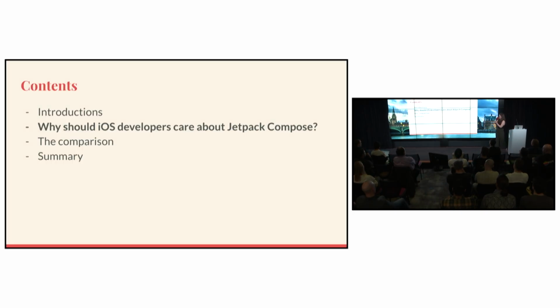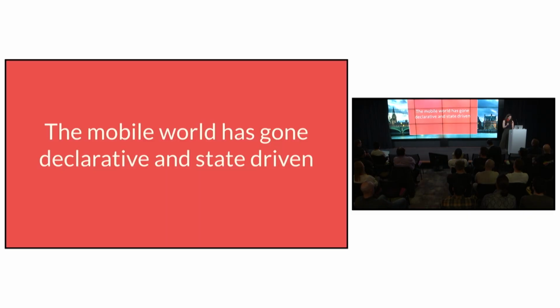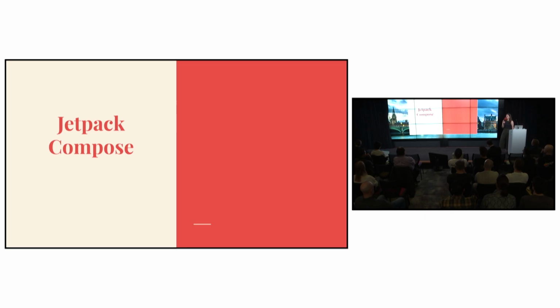So, why should iOS developers care about Jetpack Compose? That's probably what you're all currently wondering. So, the mobile world has gone declarative and state-driven. A little bit about Jetpack Compose. V1 was launched in 2021.